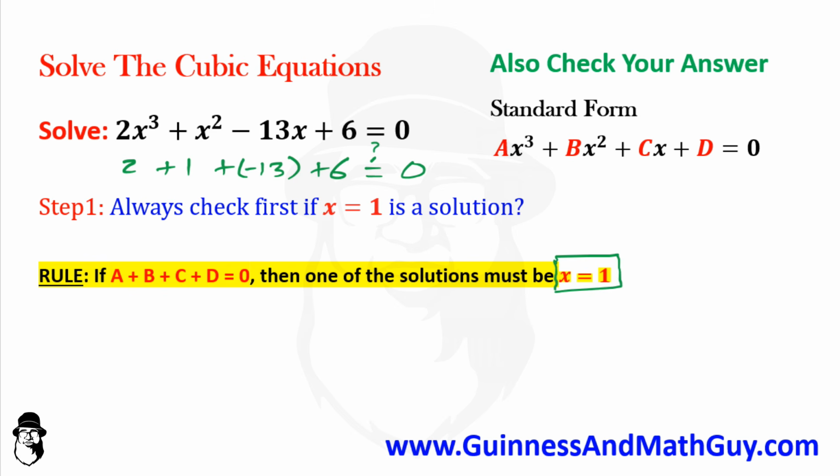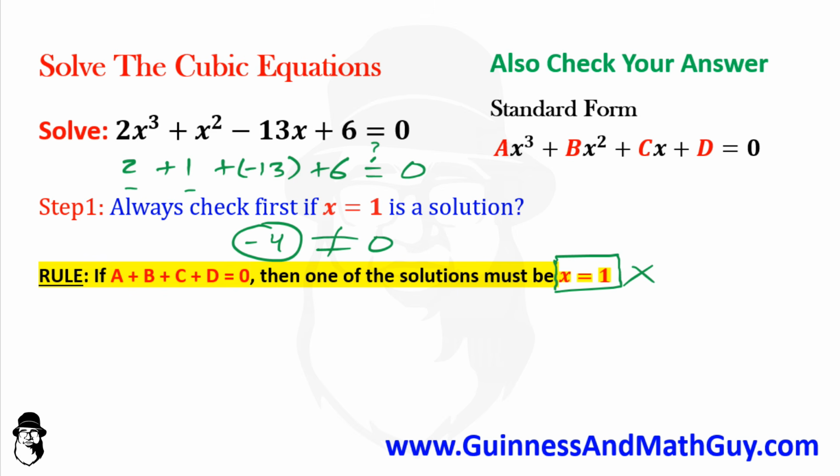So let's check it. 2 plus 1 is 3, 3 plus negative 13 is negative 10, negative 10 plus 6 is negative 4. So negative 4 is not equal to 0. It means x is equal to 1 is not one of the solutions.